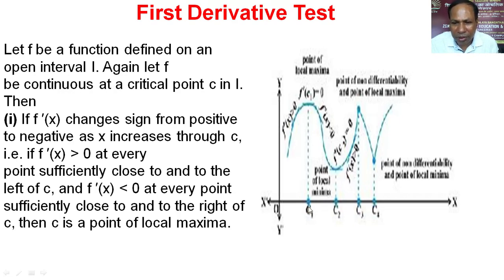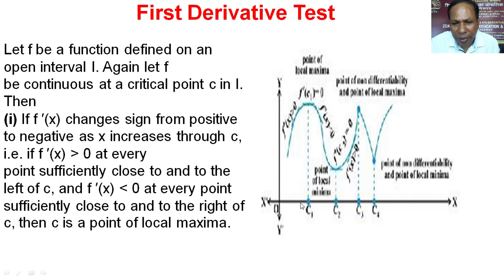So these are the critical points. Now the question comes, what will be the nature of the function, or whether it will attain maximum or minimum value at c1, c2, c3 or c4. In the first derivative test we have to take the points one by one and test whether the function is maximum or minimum or even a point of inflection. Suppose we take point c1, we take a point to the left of c1 and a point to the right of c1, again in the close neighborhood.